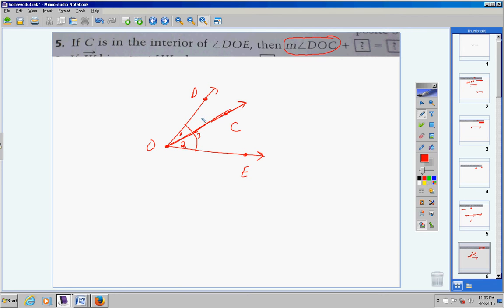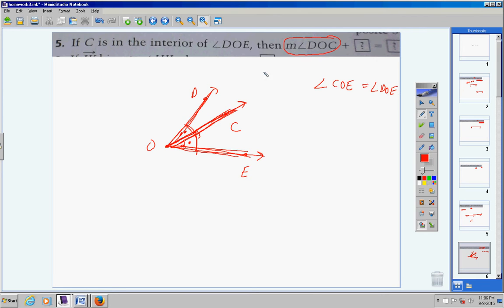Now, it's obvious angle 1, this angle here, plus this angle here, add them together and you get the whole angle. So angle DOC, plus angle COE, equals the entire angle DOE.